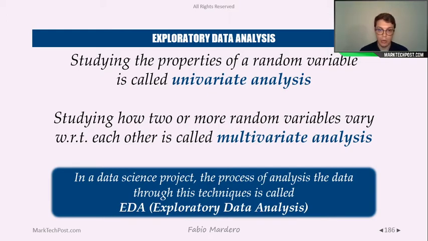Or we can study how 2 or more columns, 2 or more random variables, vary with respect to each other, and this process is called multivariate analysis. Univariate and multivariate analysis are used in a data science project, generally in the first analysis of the data, which is called EDA, the exploratory data analysis.